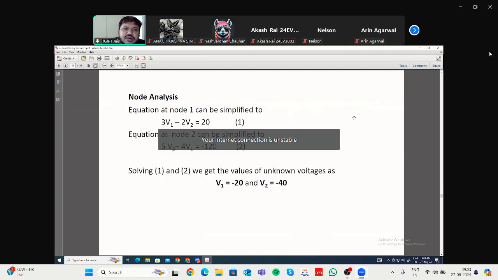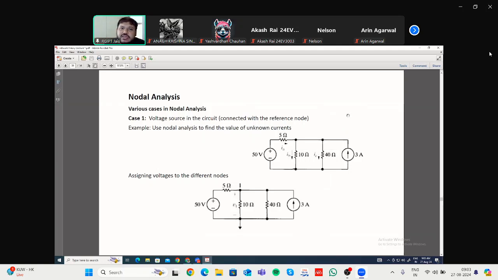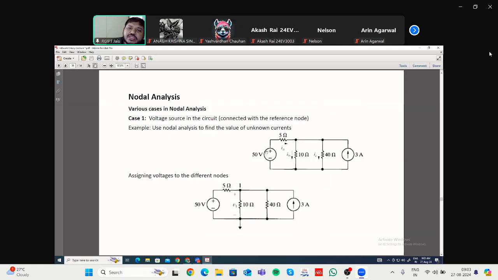And now consider some of the different cases of this nodal analysis, when there is a voltage source. In mesh analysis, we saw what to do if there is a current source in a particular mesh. Similarly, here in nodal analysis, we will see this particular case where there is a voltage source. If you identify the nodes, what are the nodes here?